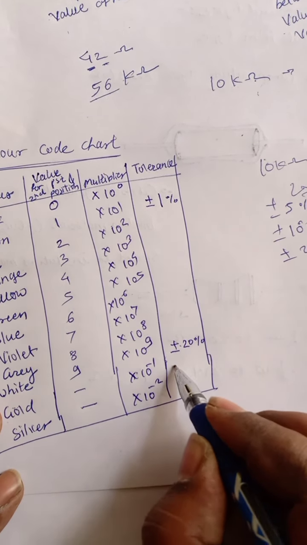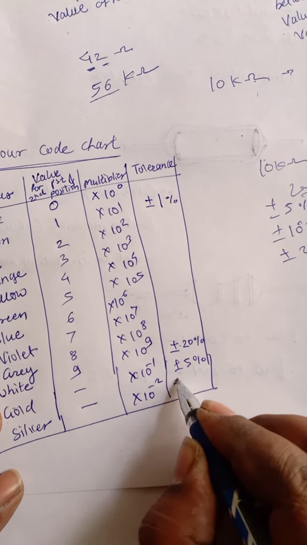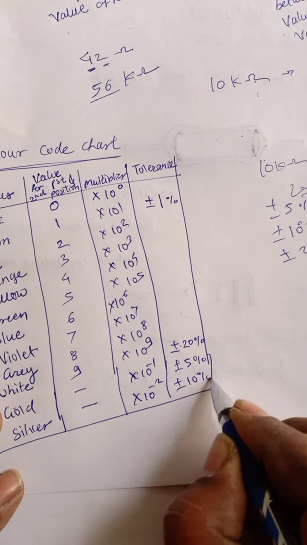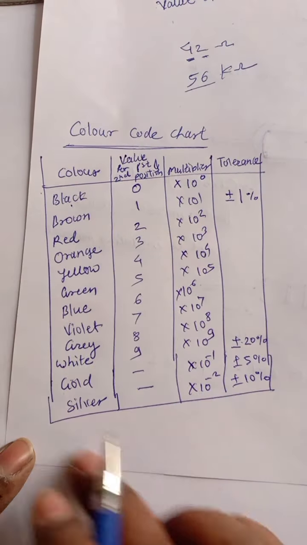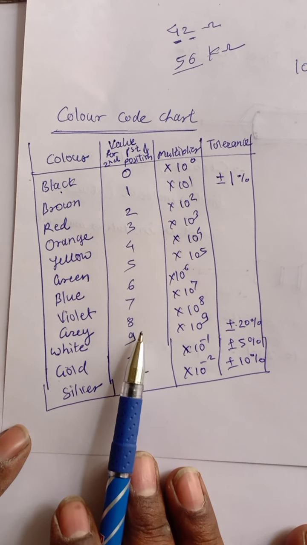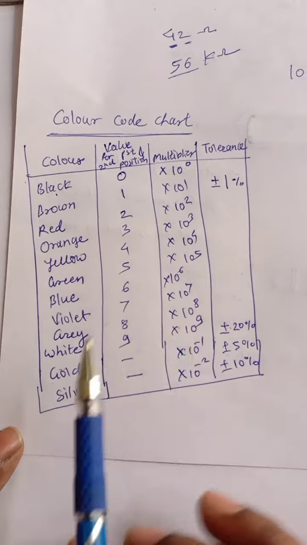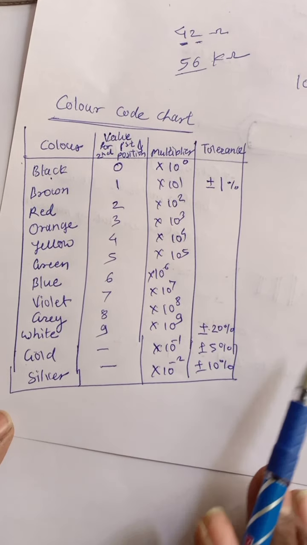If gold, it is plus minus 5%, or plus minus 10% if silver is on the tolerance. So you have to recognize it; it should be by heart for you, all the colors and values. I will tell you how to remember this chart.